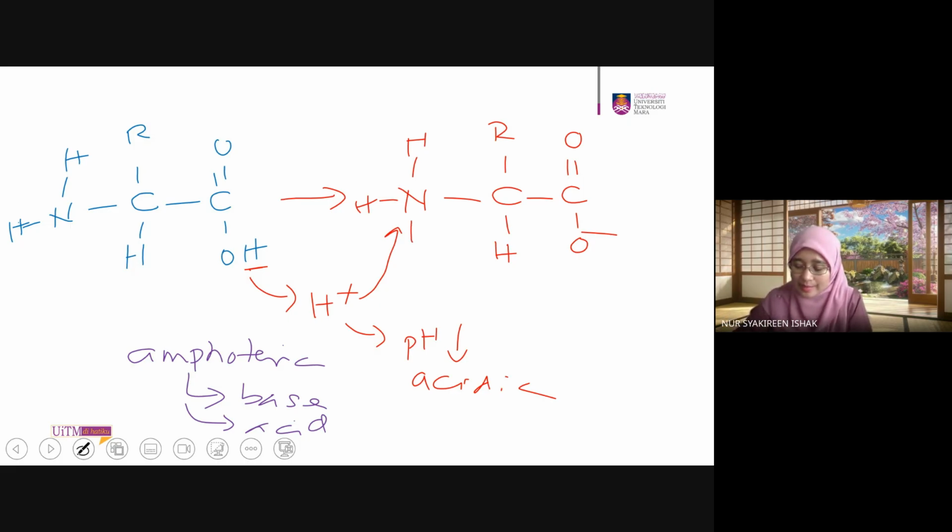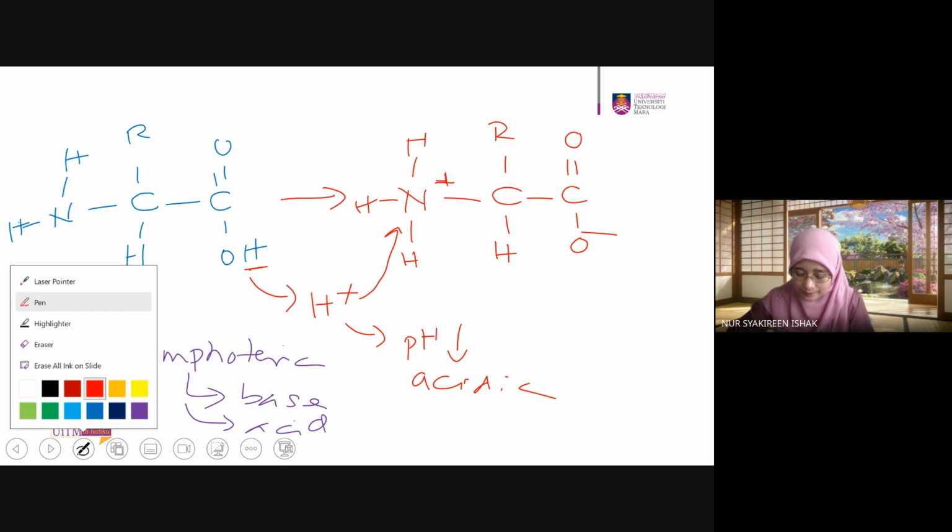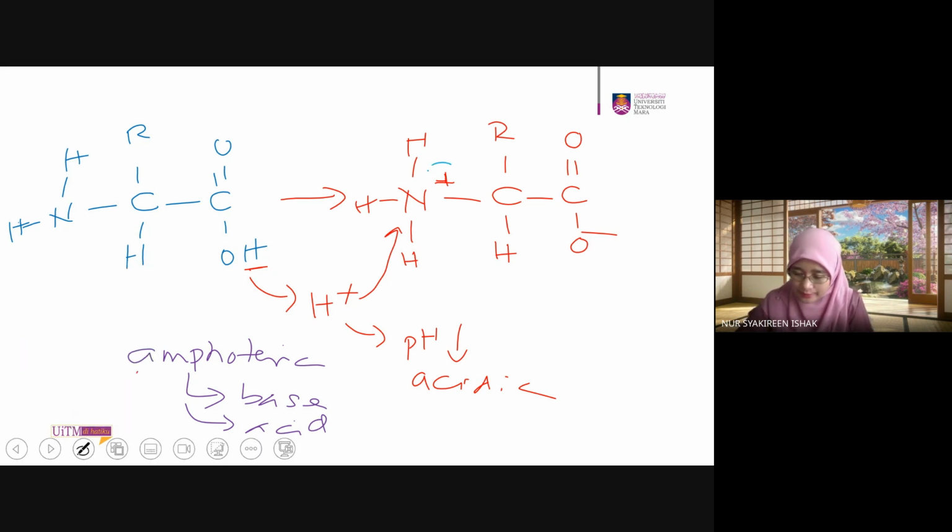So therefore, the amino group will accept the proton and become positively charged. So this is when this amino acid has both positive and also negative charge.